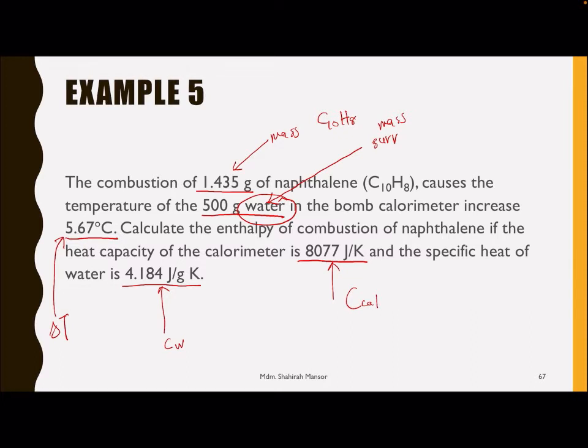Okay, we have the mass of water, and also we have information on the heat capacity of the calorimeter. If in the question you've been given information regarding water and calorimeter, our assumption is that the energy released from the combustion reaction will be absorbed by the surrounding, and the surrounding will be both water and calorimeter.